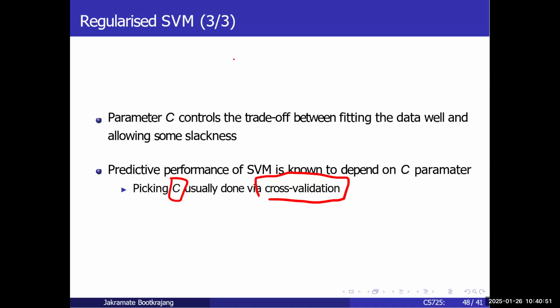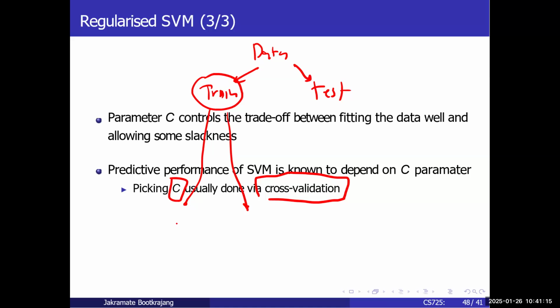So basically you have data, and then you have a train set, and then you have the test data. When you want to learn a model, you only use the train data. Now in cross validation, your train data is actually separated into a smaller train set and a validation set.